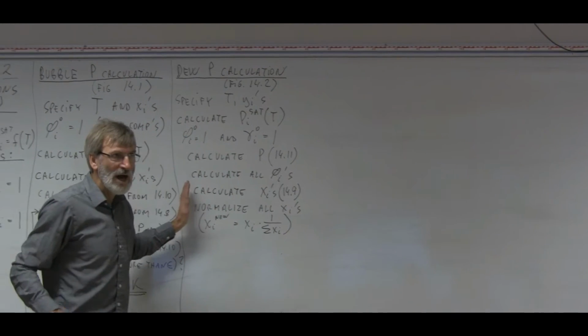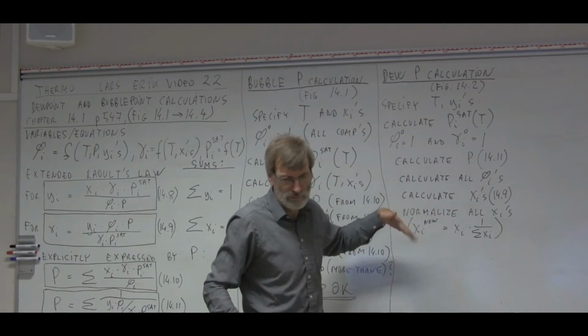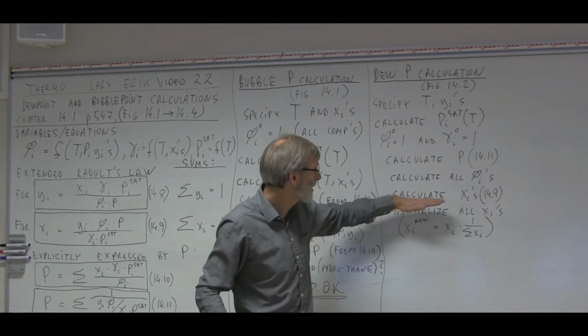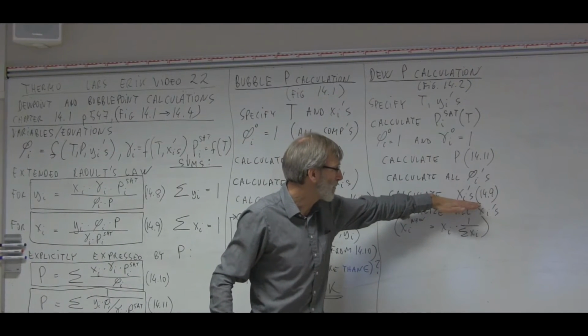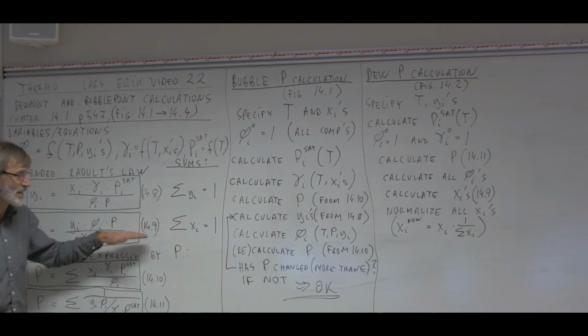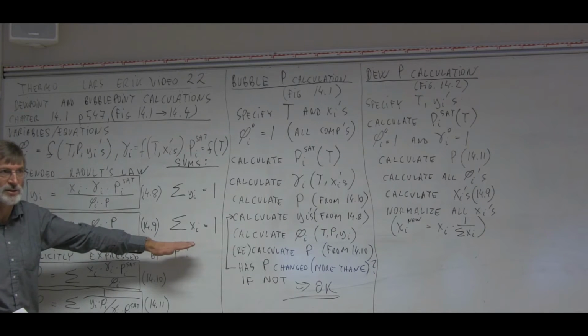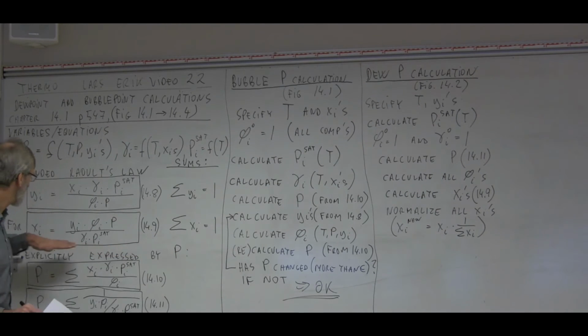The reason why we have to normalize the x's, or there are other ways to do this, but the problem with calculating the x's from this equation is that we cannot be sure that the sum of these x's are actually 1. That is not implicit in that equation.